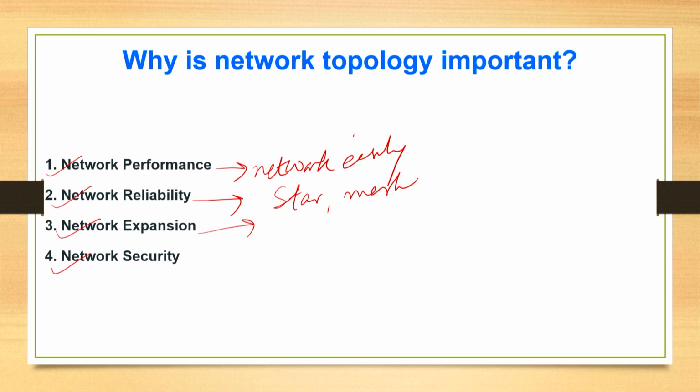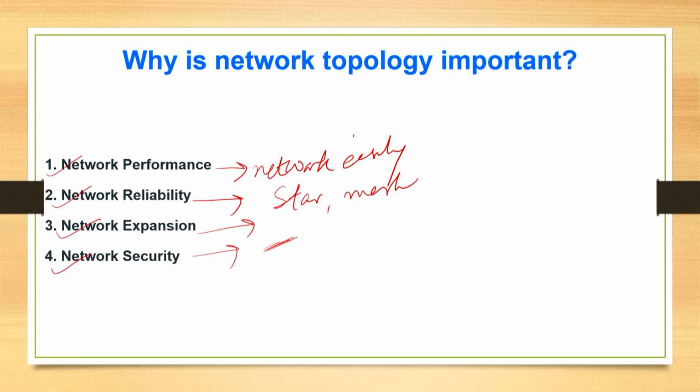Network expansion means how easily a node can be added into the existing network. So, we have seen in the case of a tree, it's very easy to expand. Next is network security. This network topology helps in understanding how devices are connected and hence provides better security to the network.